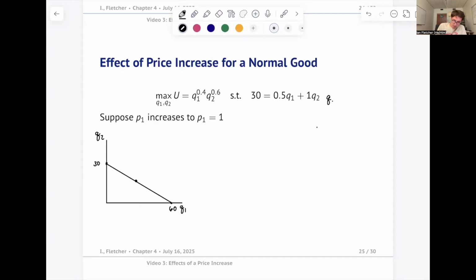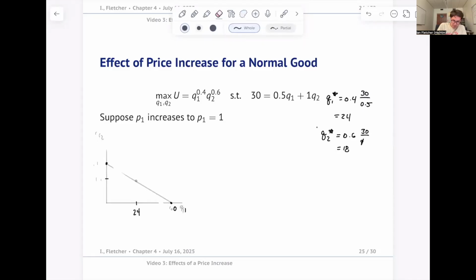So Q1 star, given a Cobb-Douglas function, is the expenditure share over the price, which should be 24, and Q2 star should be 0.6 times 30 over 1, which is 18. That was where my 8 was coming from. So we've got something like this.